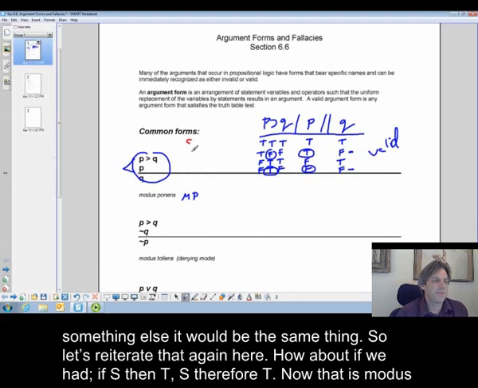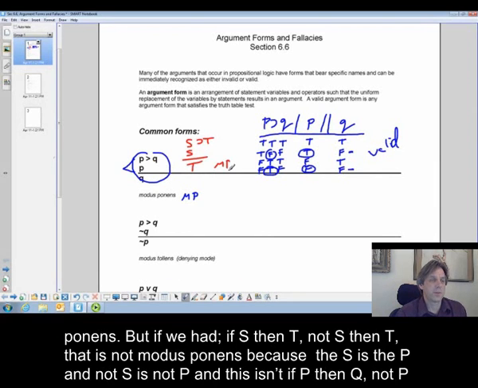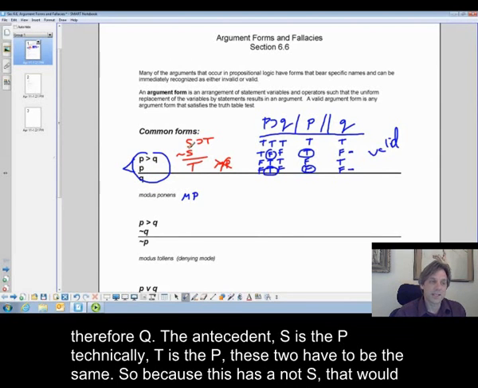How about if we had if S, then T, S, therefore T. Now that is modus ponens. But if we had if S then T, not S, therefore T, that is not modus ponens because the S is the P and the not S is not P. The antecedent, S, and S, these two have to be the same.